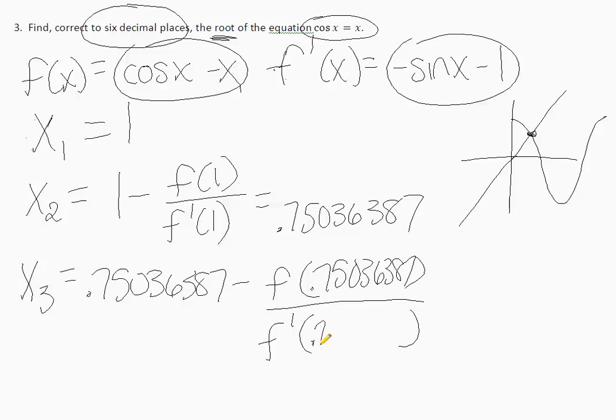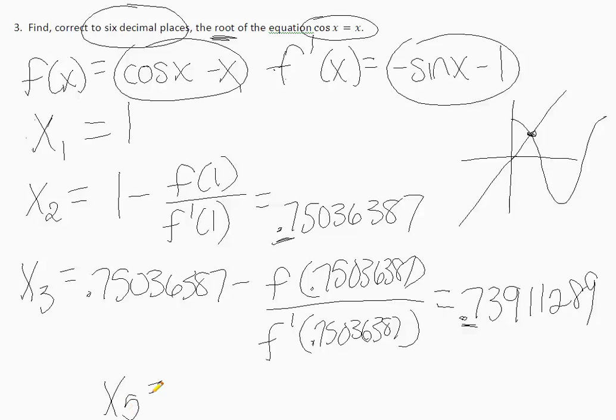And you get for x3 0.73911289. So I am only within one place now. I need to do this until the first 6 decimal places are the same. Actually you would go all the way to x5. Between x4 and x5 the first 6 decimal places are the same, so I can stop at x5.